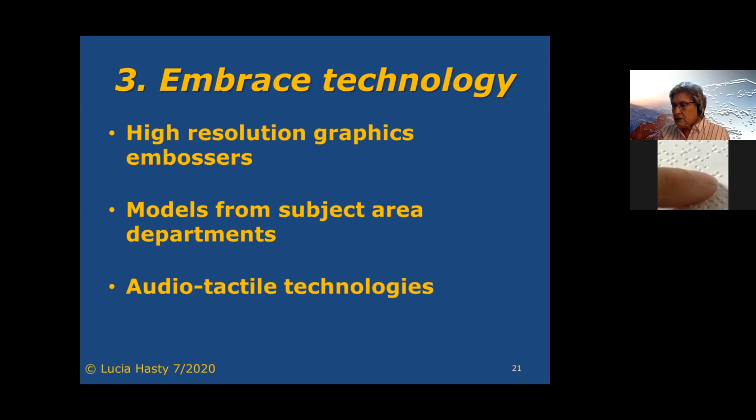Not anything as complicated as the skeleton, for instance, but more simple things like geometric shapes, flags of countries, simple outline graphics. But most of the new embossers, within the last four, maybe five years, will emboss high resolution graphics.